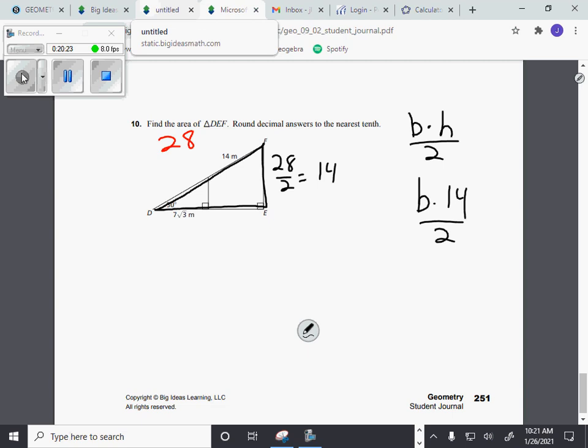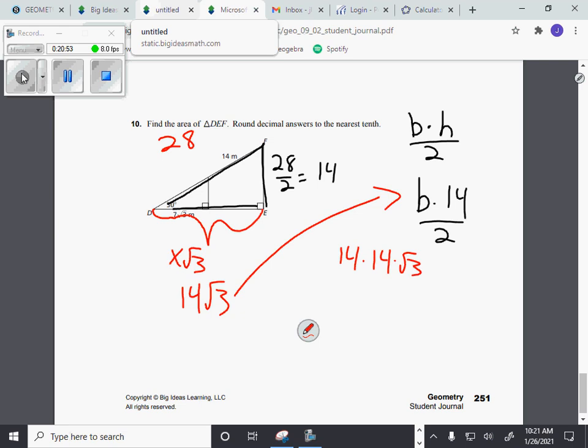Now I have to find my base. How do I do that? Well, if we're working on the big triangle, I know that this whole base, I shouldn't have erased, but I did, is x square root of 3, where x is 14. So this base is 14 square root of 3. Okay, now I just plug that into my equation. I have 14 times the square root of 3 divided by 2.